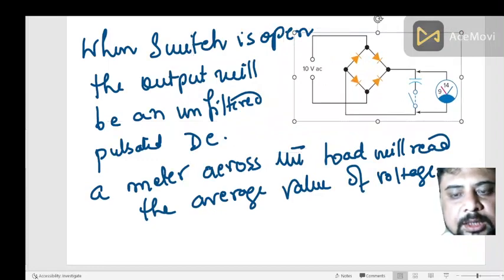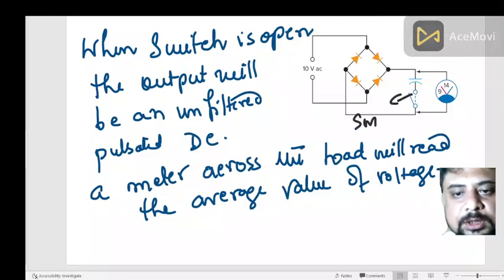We have a full wave bridge rectifier here, and there is a capacitor filter. We consider two situations, with this one being the switch. In one case the switch is open, meaning the capacitor is not working, and in the other case the capacitor is working when the switch is closed.